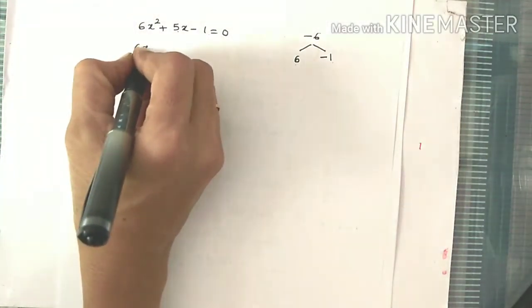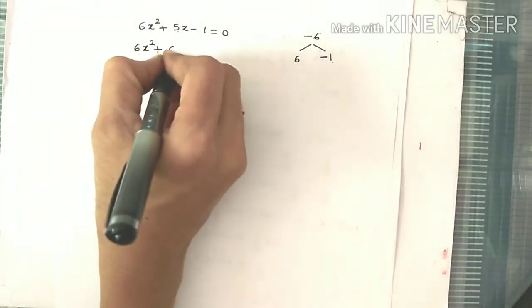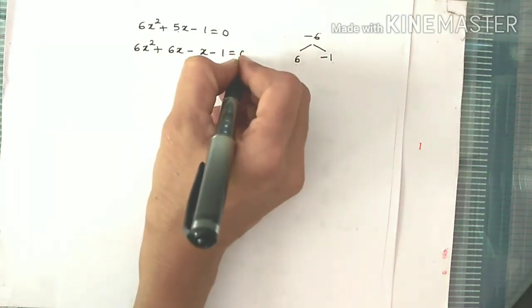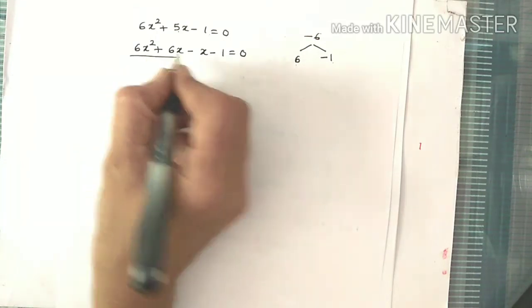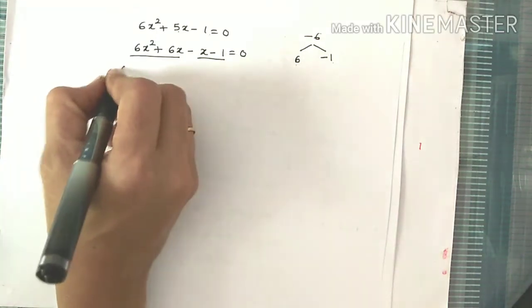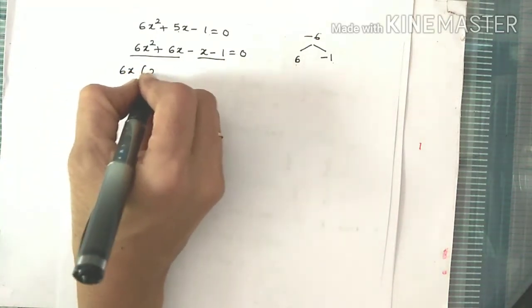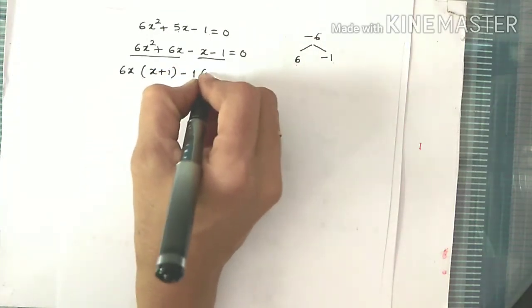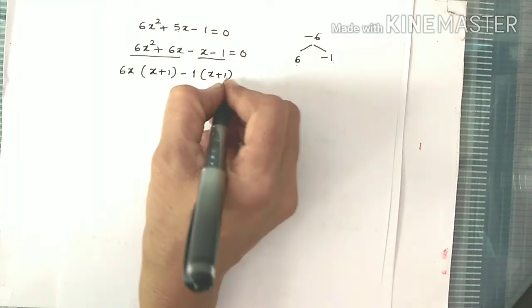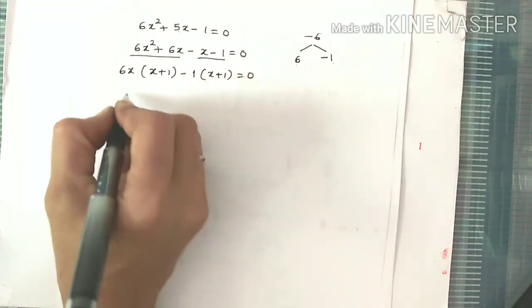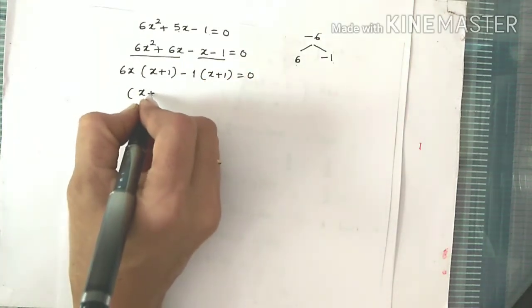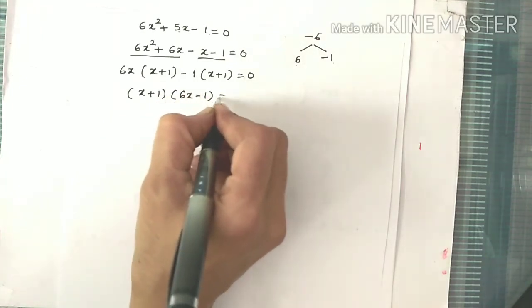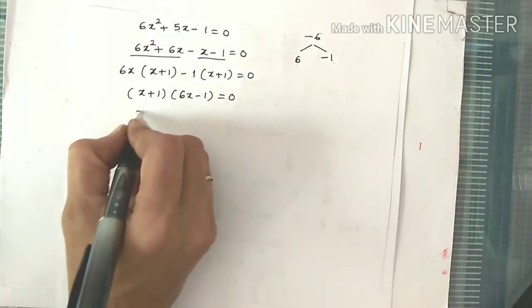So 6x square plus 6x minus x minus 1 equal to 0. Now taking 6x common from the first two terms, we have 6x into x plus 1. Take minus 1 common from the last two terms, and now the factors are x plus 1 into 6x minus 1 equals 0.